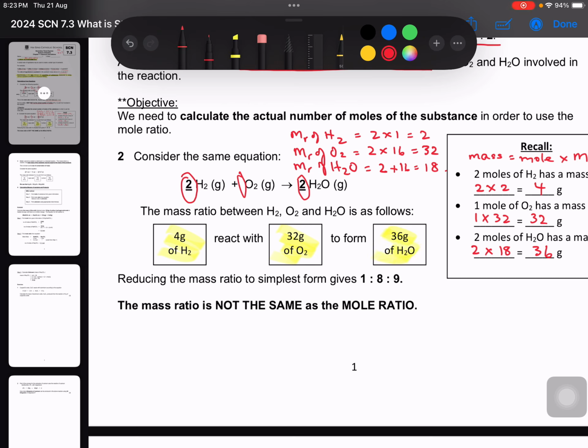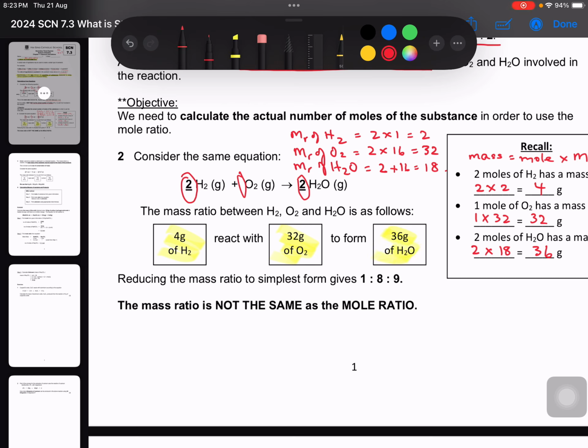Now, the mass leads us to something scientific called the law of conservation of mass. Mass is conserved in a reaction. What does that mean? It means that the total mass of the reactants must be equal to the mass of the products. So, what are the reactants?